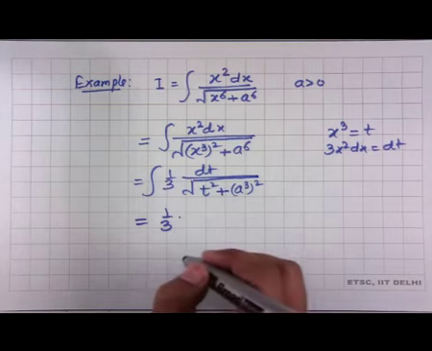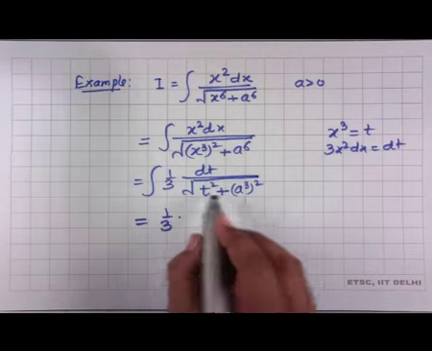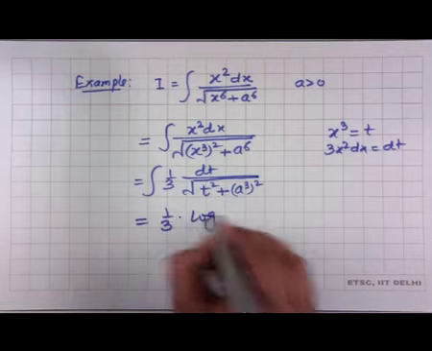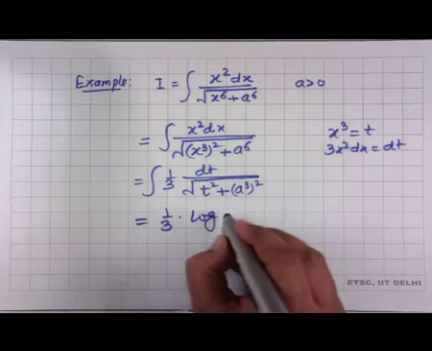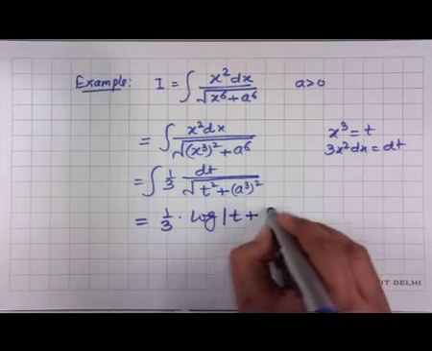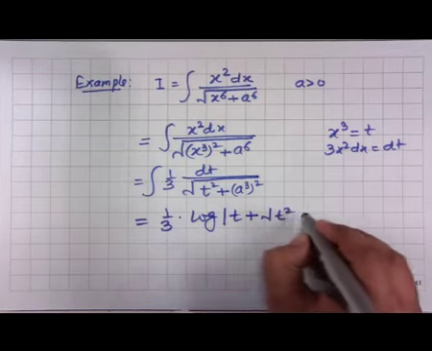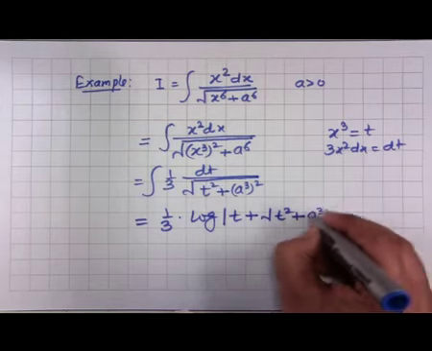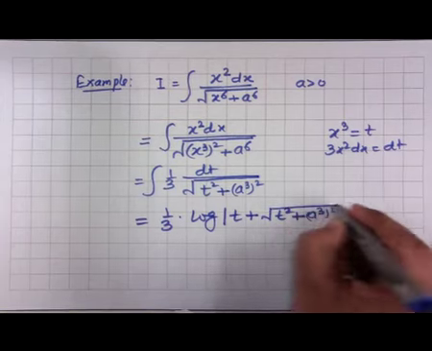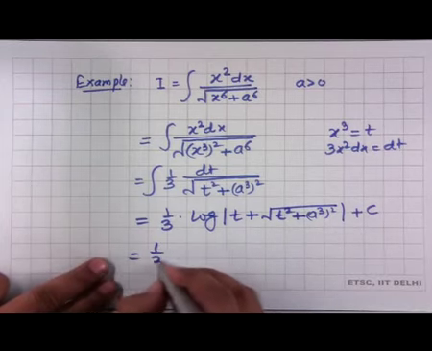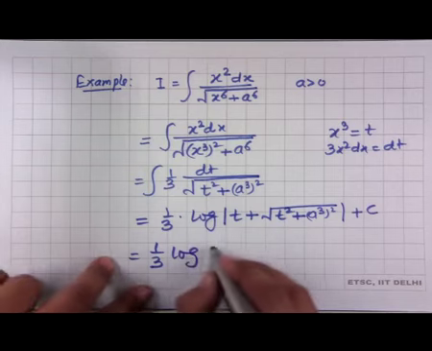So, for that integral of 1 over root of t square plus a square, we know it is nothing but logarithmic of t plus square root of t square plus a squared, that means (a cube) squared, plus constant, which finally gives us 1 by 3 log of, what is the t?